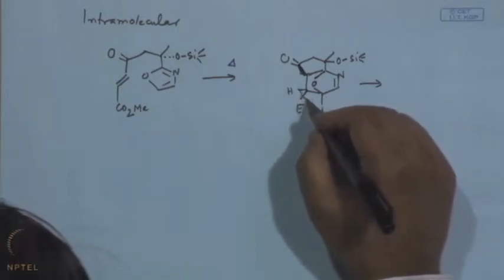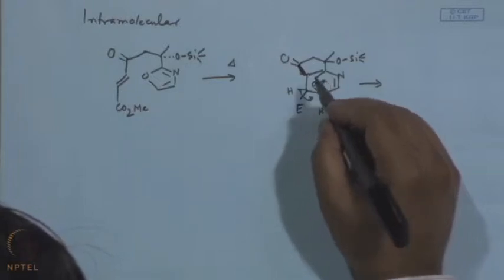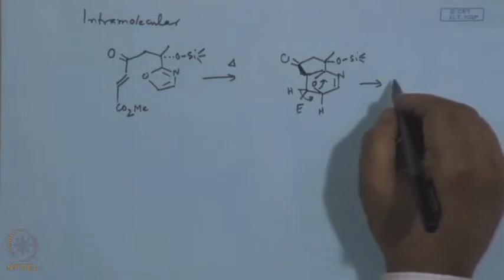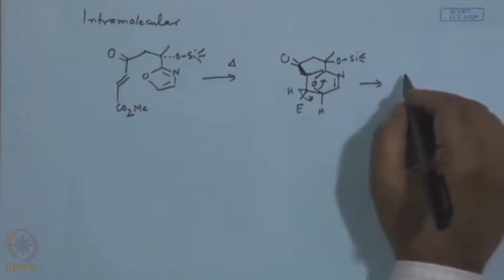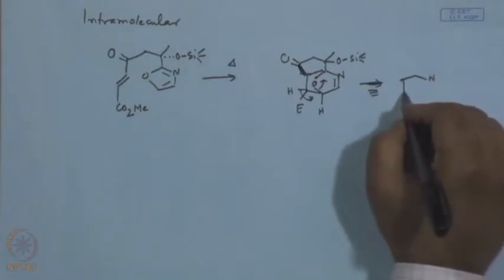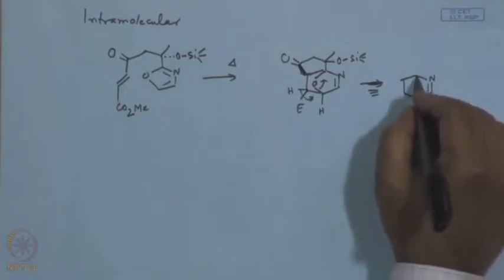Okay. So, you have this oxygen, or else you can look at it this way, or you can write it as E. I think this one would be the preferred pathway.